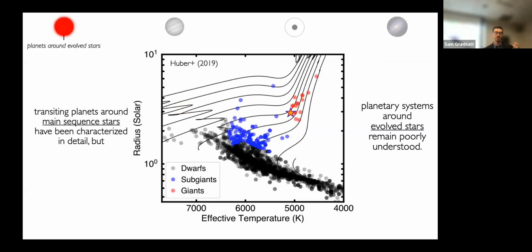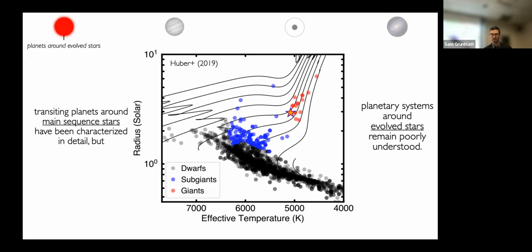These systems are interesting because we know of a lot of planets around main sequence stars, thanks to missions that a lot of people in this room have helped with, like Kepler and K2. But we don't have that many systems around evolved stars, and that's largely by design. These missions weren't designed to target red giant stars.